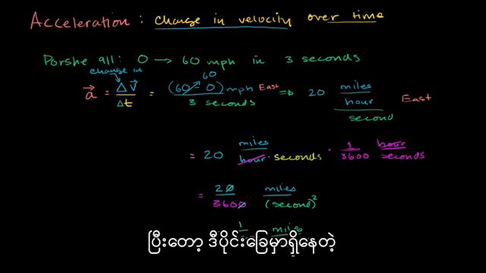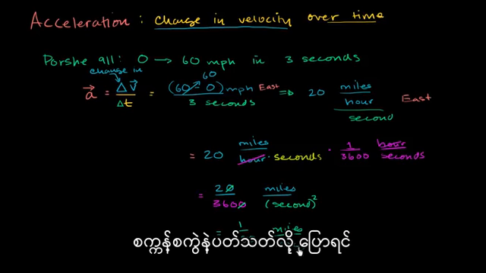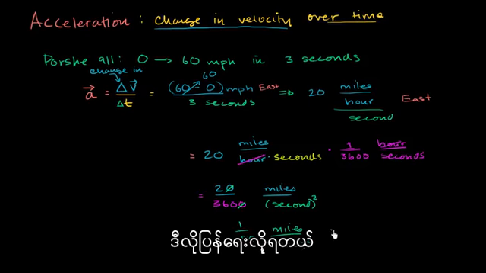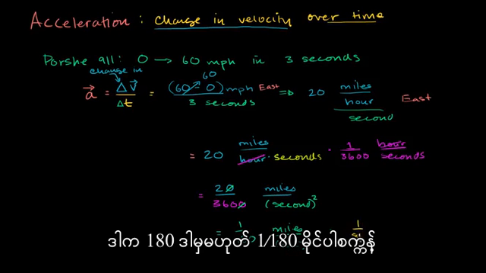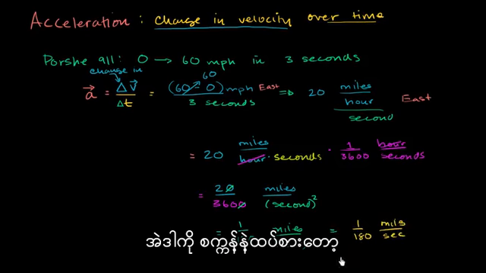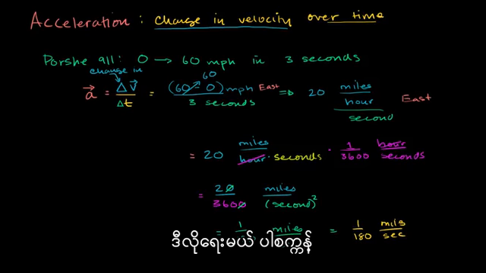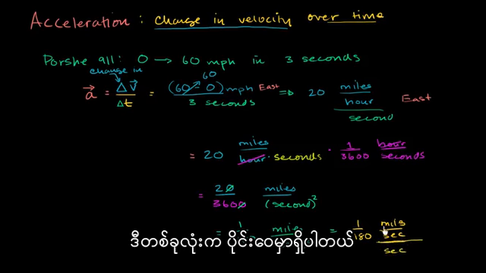And once again, this right here, when you have second squared in the bottom of your units, it doesn't make a ton of sense. But we can rewrite it like this up here. This is 1 over 180 miles per second, and then we divide by seconds again, per second. Or maybe I could write it like this, per second, where this whole thing is the numerator.